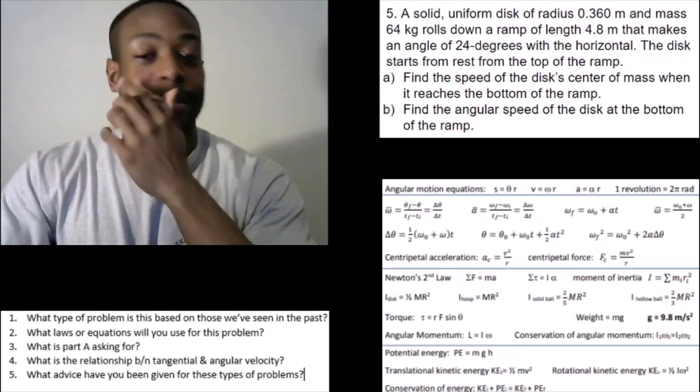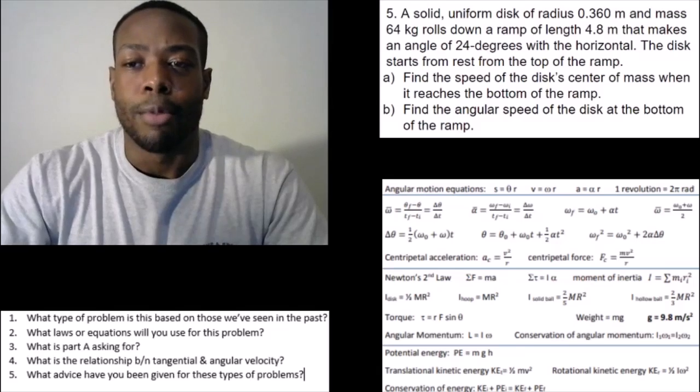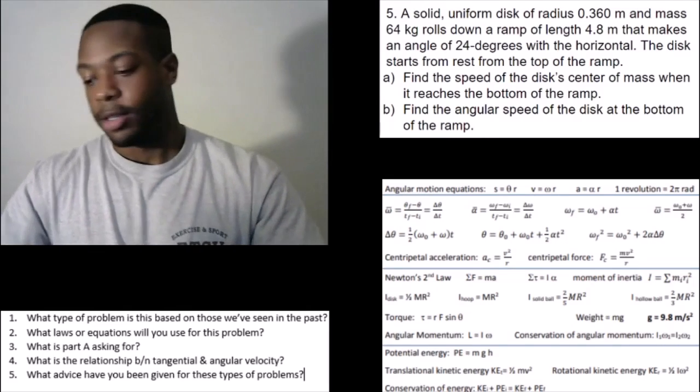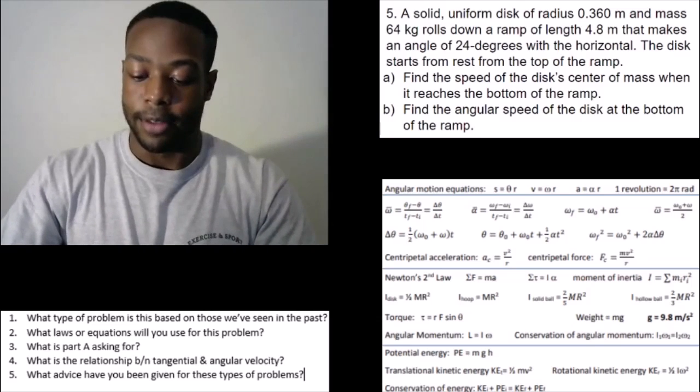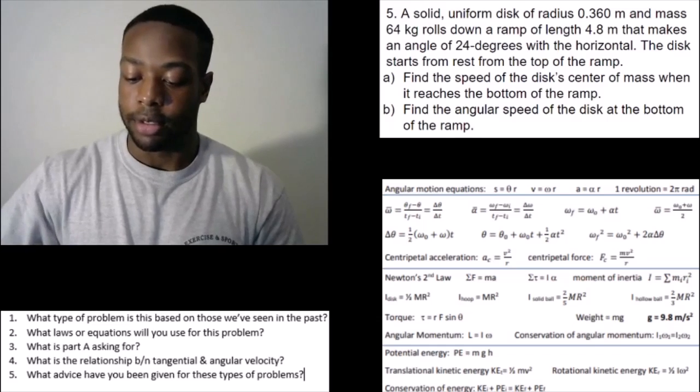Alright, we've got for number 5 a solid uniform disc of radius 0.360 meters. So we've got a disc, and it's got a radius of 0.360 meters. So let's write that.